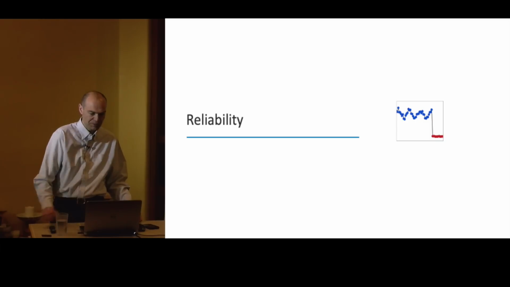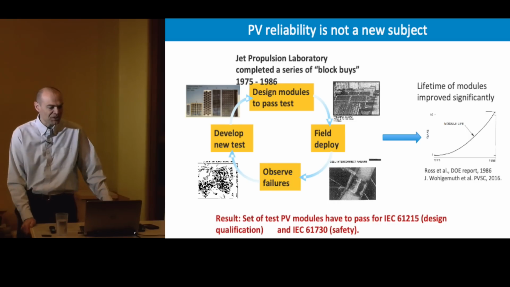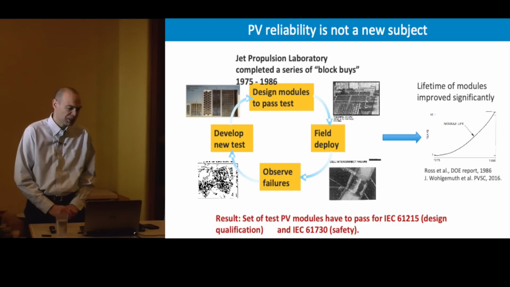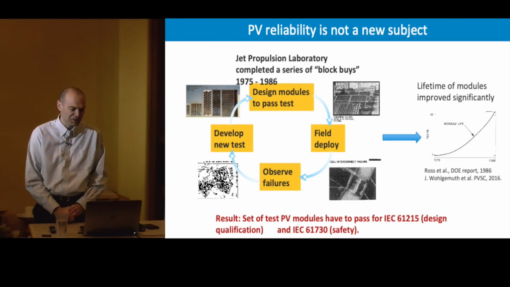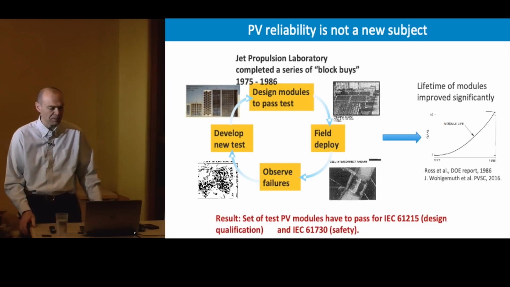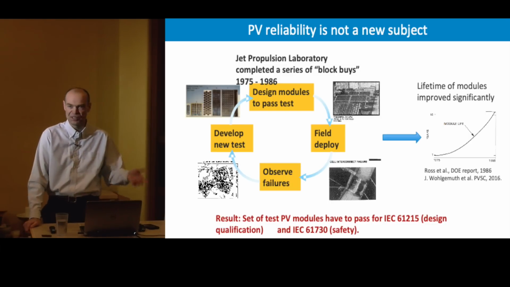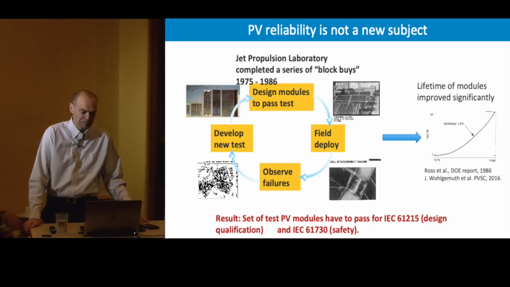Oops, I just jumped a couple of slides. That's actually not a new subject. The Jet Propulsion Laboratory started this way back in 1975. And that lasted till 1986, and they went through these block buy programs. So their job was to reduce the cost of solar and increase reliability.